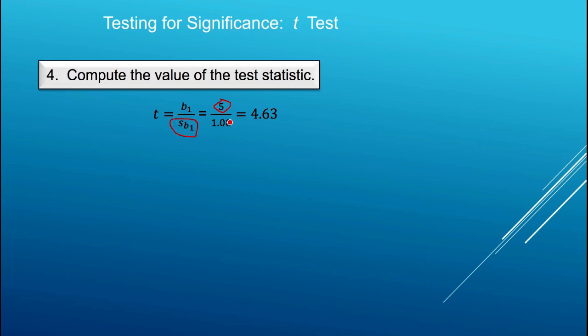If you put all that information together, you'll find that the standard deviation of the sampling distribution of B1 is equal to 1.08. So you take the ratio of the two and you get 4.63, and that's the value of your test statistic.